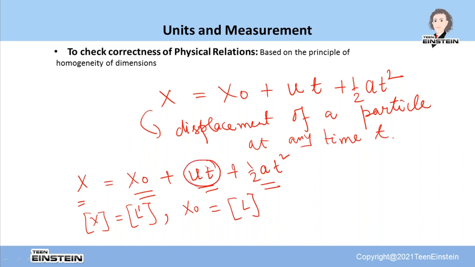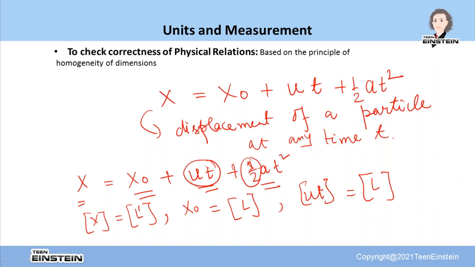What about this thing? Because it is added with x0, which is having a dimension of length, u into t must be having a dimension of length. We will verify that. Then this half a t square, any constant, any algebraic constant, does not carry any dimension.